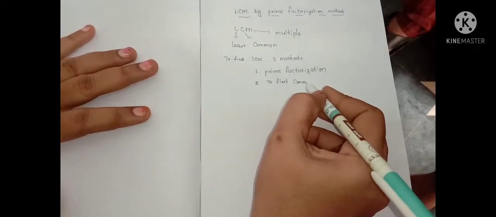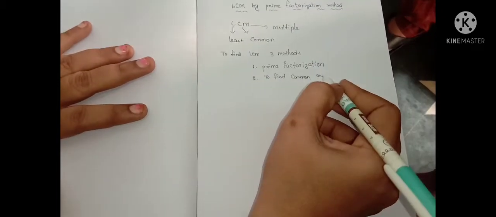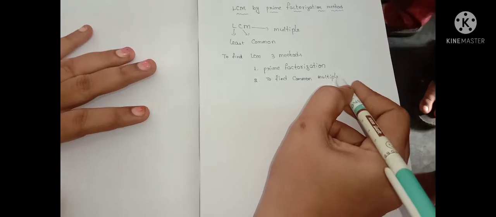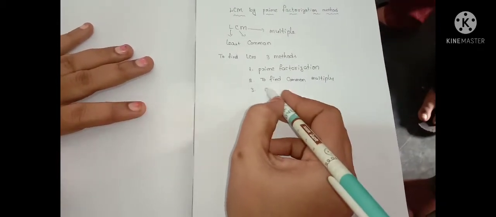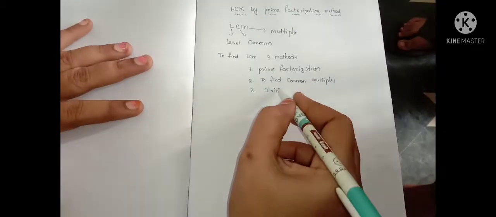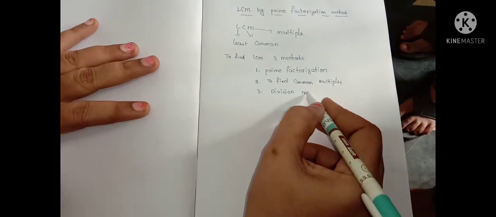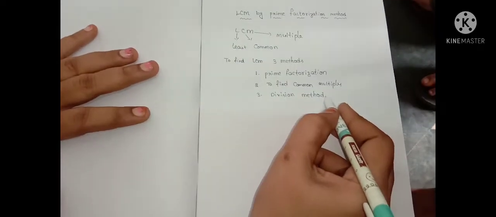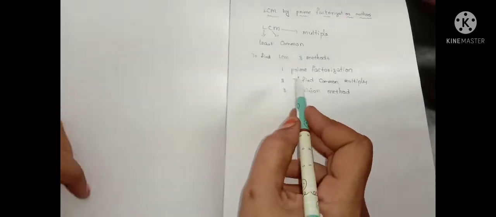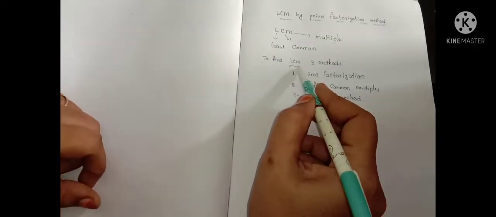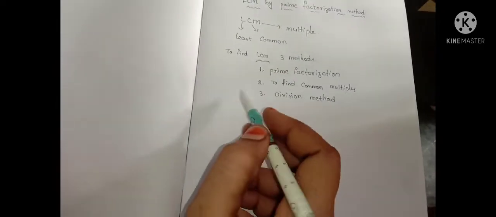And the third one is the division method. In these three methods, you can find the LCM. To find the LCM, today we are talking about one of the topics, prime factorization.